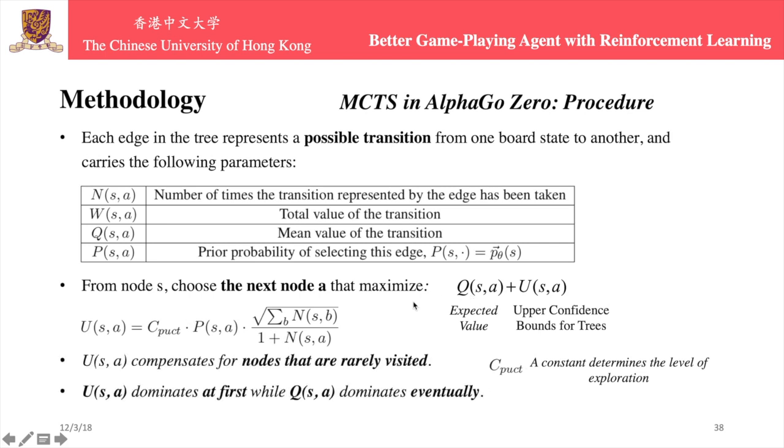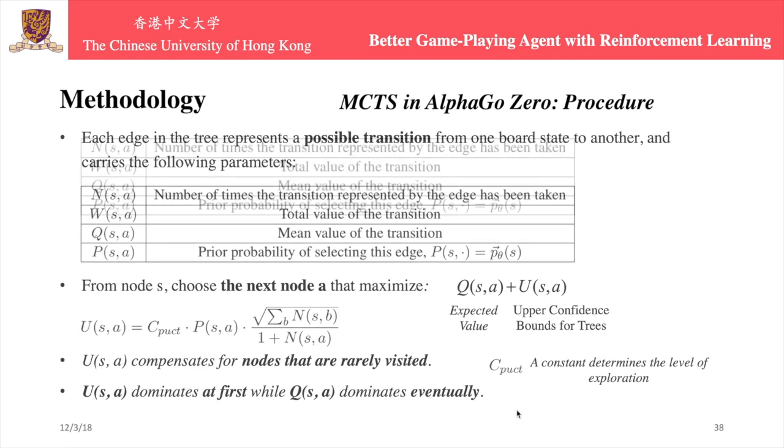Our goal is to maximize the whole value. U(S,A) is used to compensate for nodes that are rarely visited. If N(S) is very small, then this value will be very large. U(S,A) dominates at first, but as the search goes on, N(S,A) will become bigger, and finally Q(S,A) will dominate.